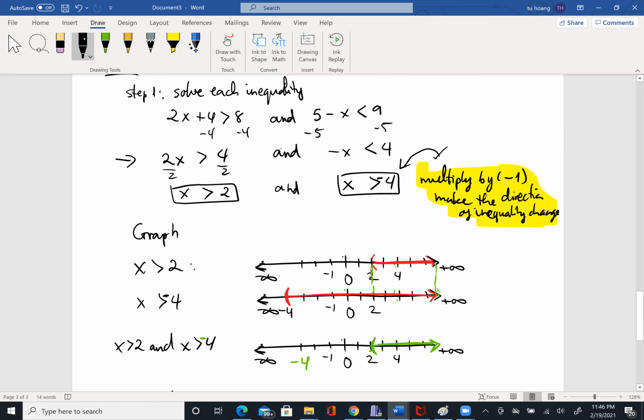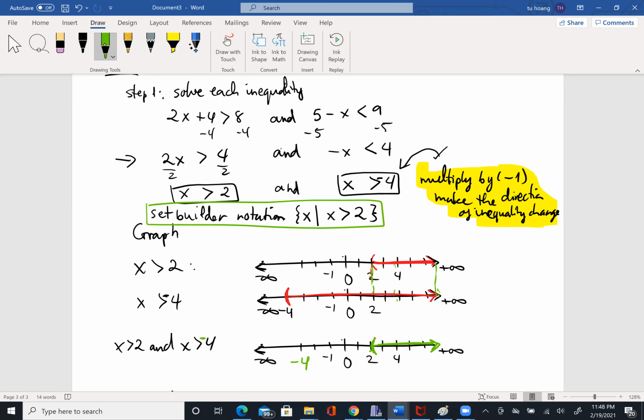I should say, using set builder notation, I would write it as: the set of x given that x greater than 2 is the solution of this problem.